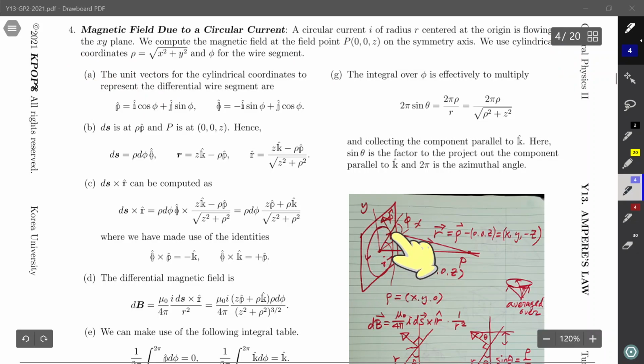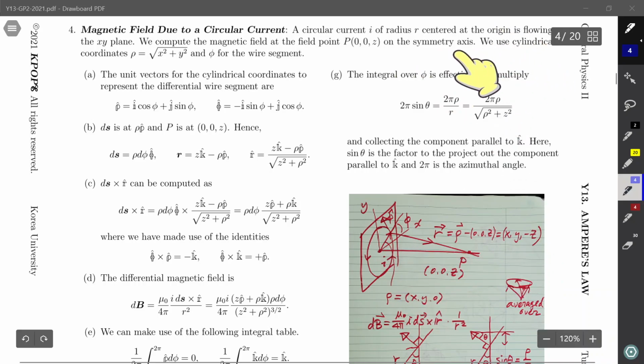We compute the magnetic field at the field point (0, 0, z). The field point is on the normal, along the z-axis, on the symmetry axis.